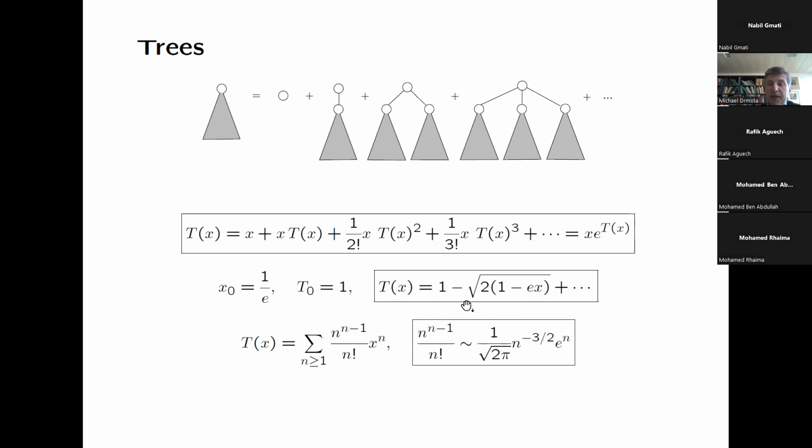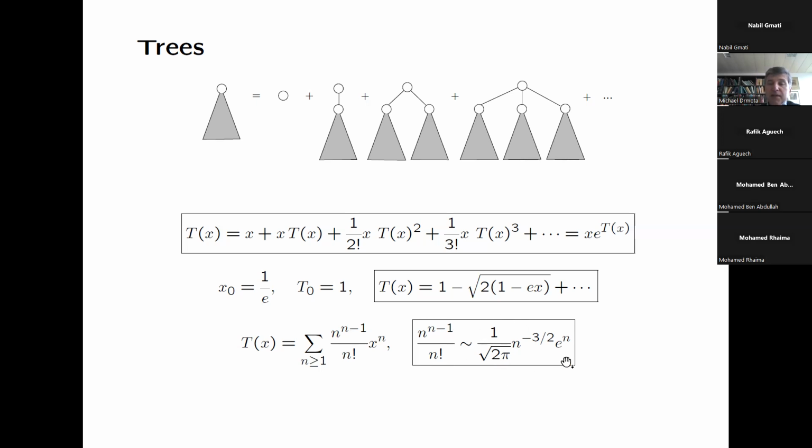And the local behavior around the singularity is of this form, that the power series converges there, and the local deviation from this value 1 is of a square root form. And this is also reflected by the asymptotics of the coefficients. So the coefficient of this generating function is n to n minus 1 divided by n factorial.